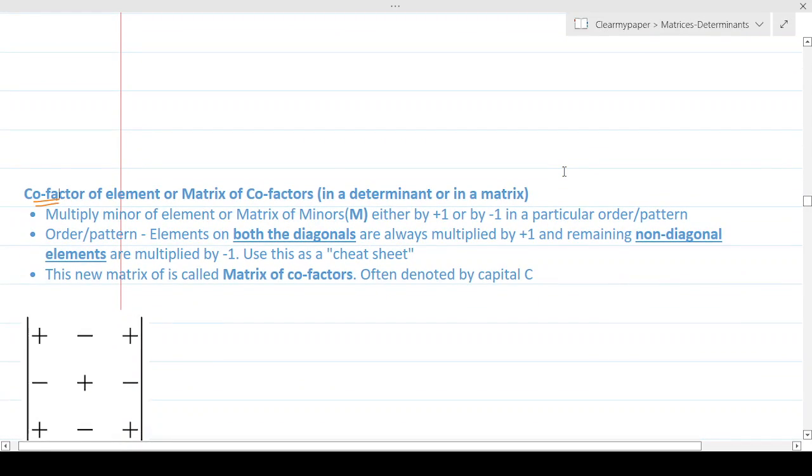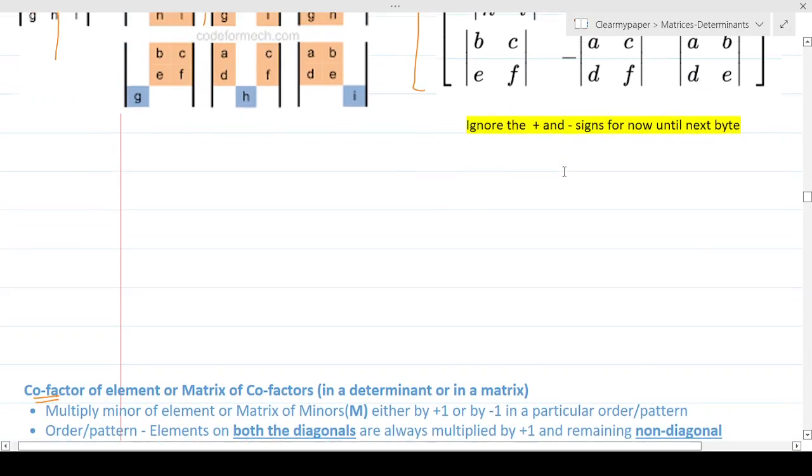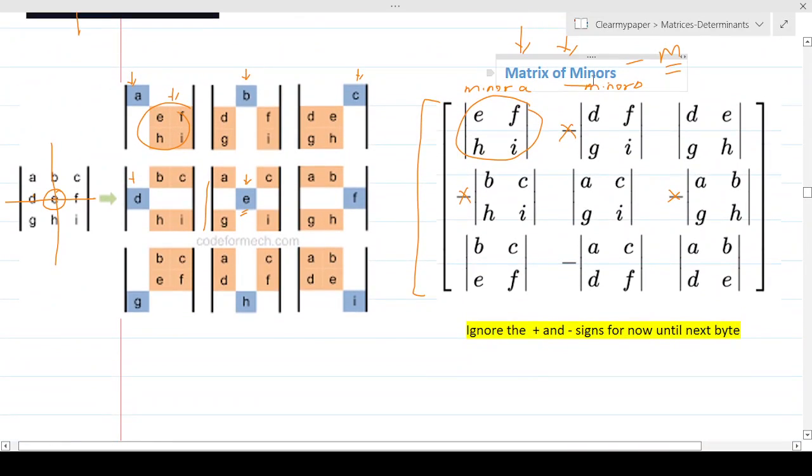So what is a cofactor of an element or matrix of cofactors? If you recall, in the last episode when we discussed the matrix of minors, for the time being I asked you to ignore these algebraic signs, which were in certain places and not in others.